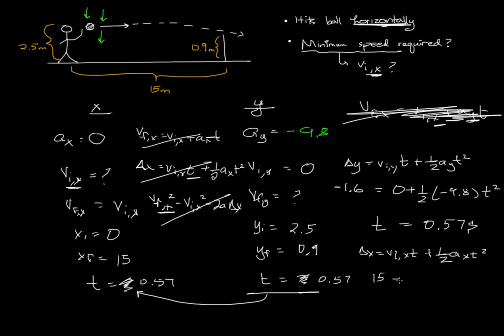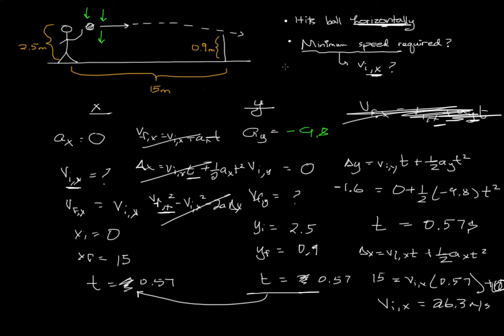V initial in the x, we don't know. That's what we need. The time is 0.57 plus, and then all of this is 0 because the acceleration in the x direction is 0. So if we just plug that into our calculator, we'll get v initial in the x direction is 26.3 meters per second. And there you go. That is the minimum speed required, 26.3 meters per second.